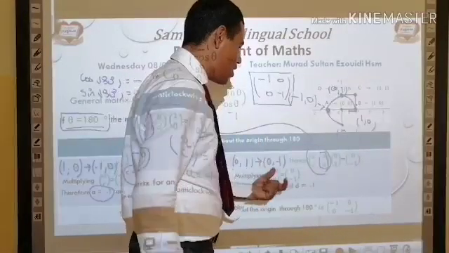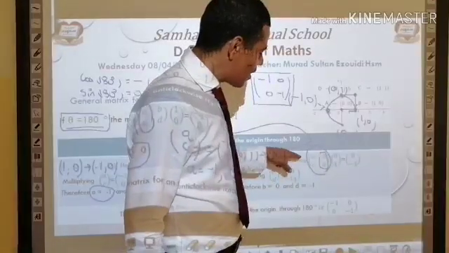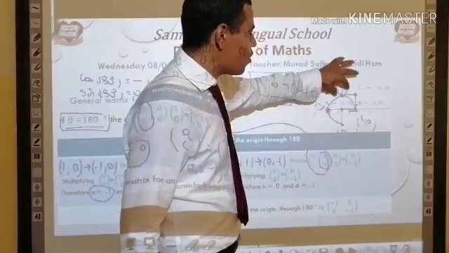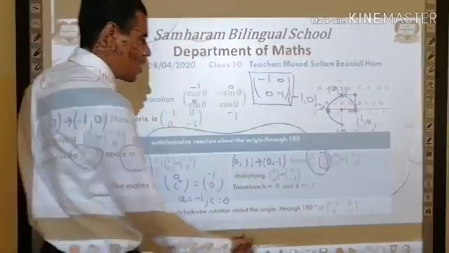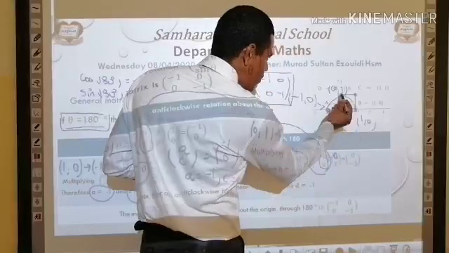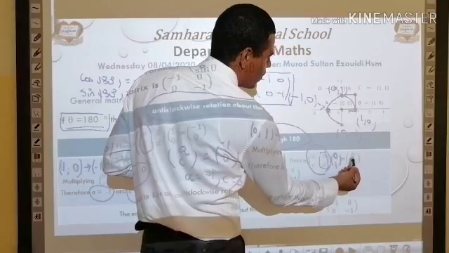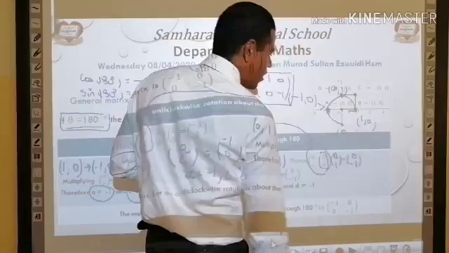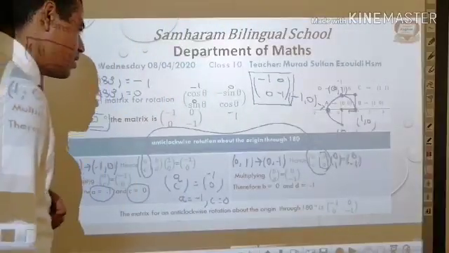Now, if you would like to work out the elements that lie on the first row, second column and second row, second column, you should use the point that lies on the y-axis. So this matrix multiplied by the coordinates (0, 1) gives us (0, -1), the image of the point in the rotation about the origin through 180 degrees.